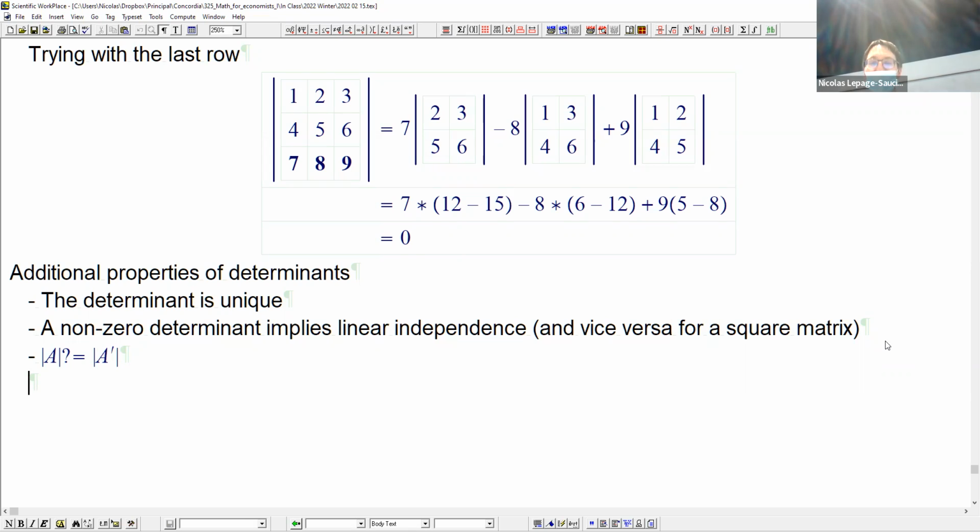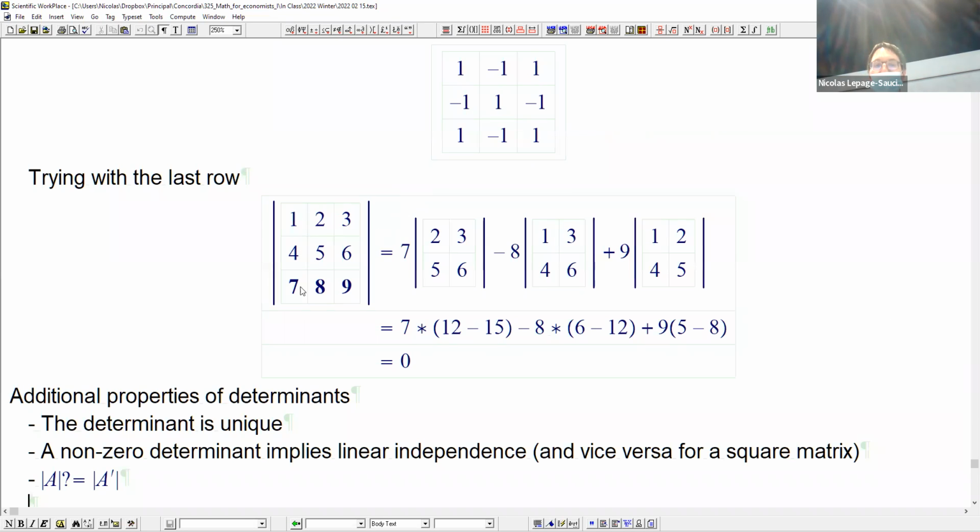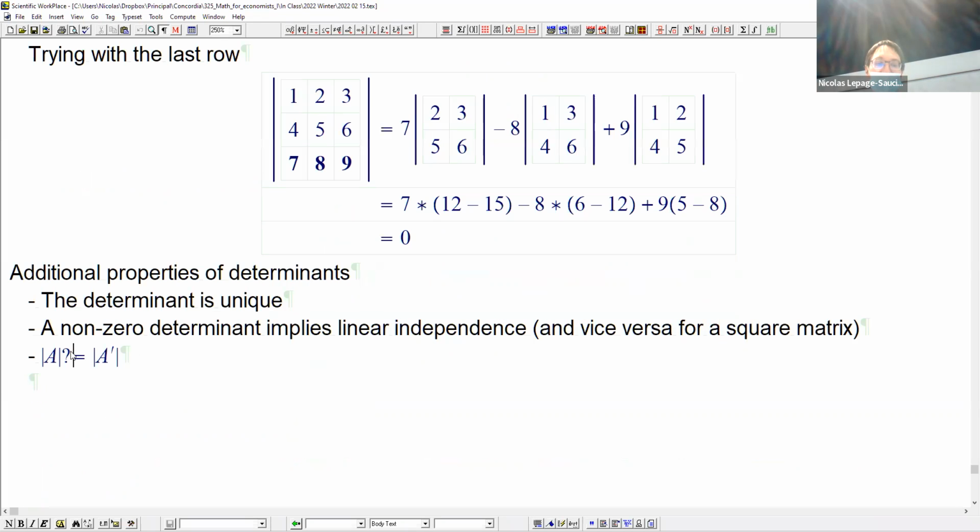Yeah, it makes sense, right? Yes, since what I have to do here is just take the transpose of this, and rather than use the last row, I would use the last column and do the exact same thing. And it's pretty obvious that all the computation would be exactly the same. So yes.